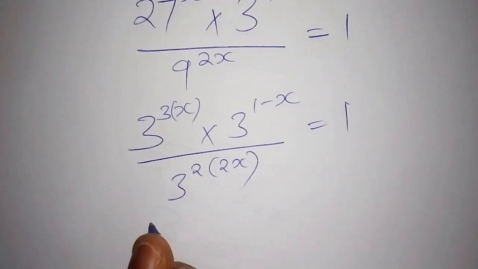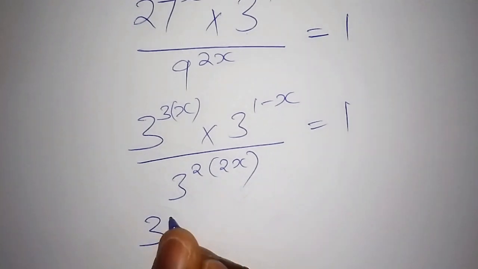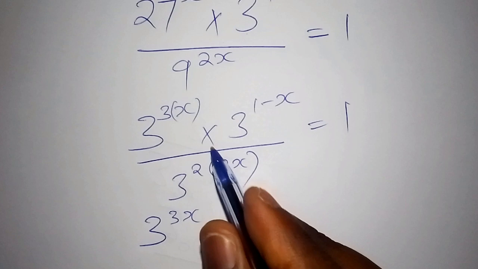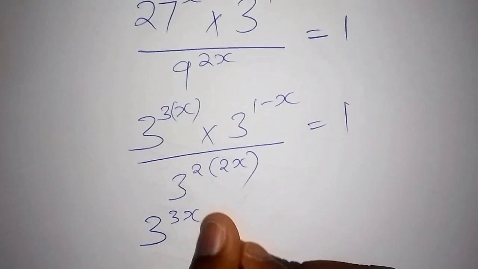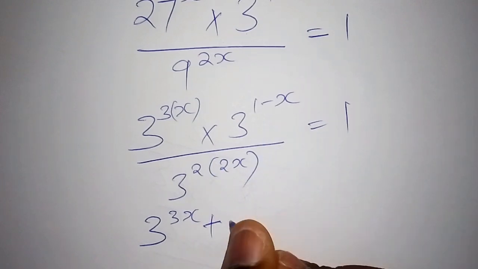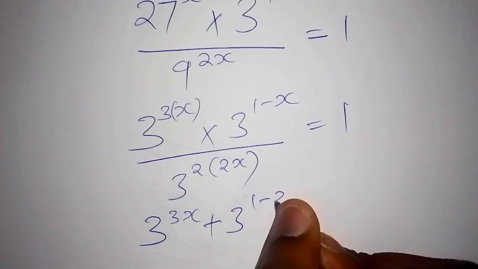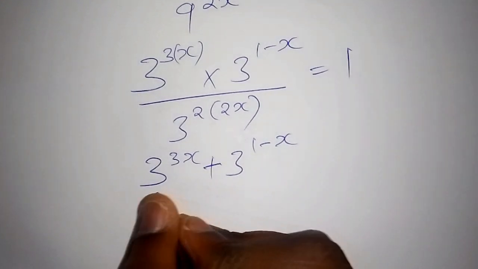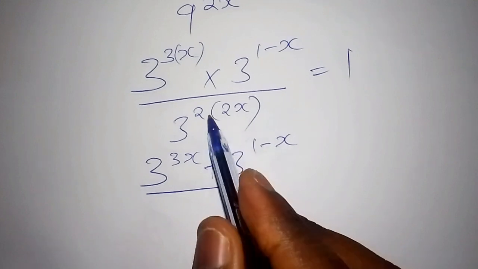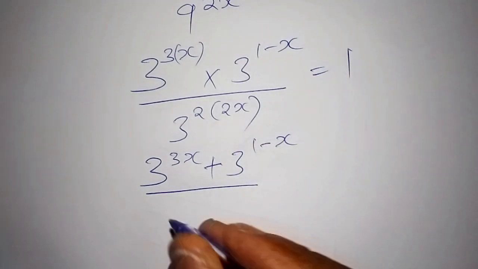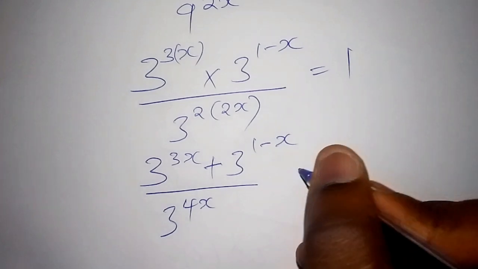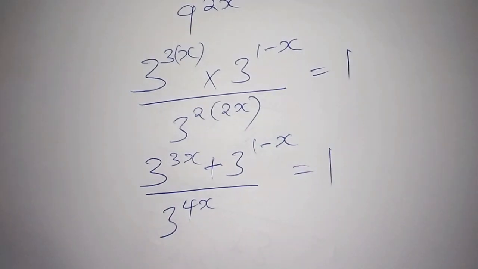Here we shall have 3 to the power of 3x, then instead of multiplication we put the sign for addition, then 3 to the power of 1 minus x, all over 2 multiplied by 2x, we have 3 to the power of 4x, which is equal to 1.